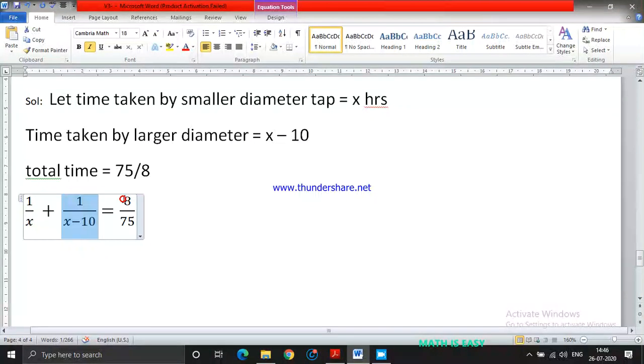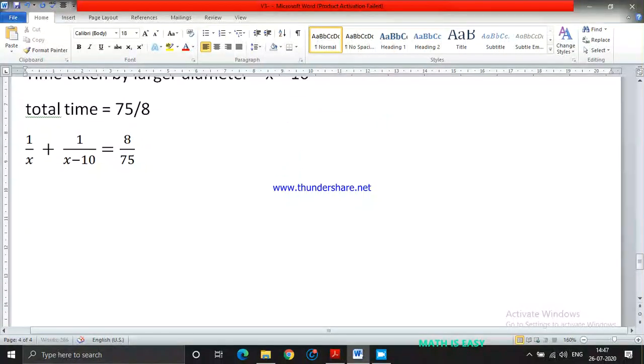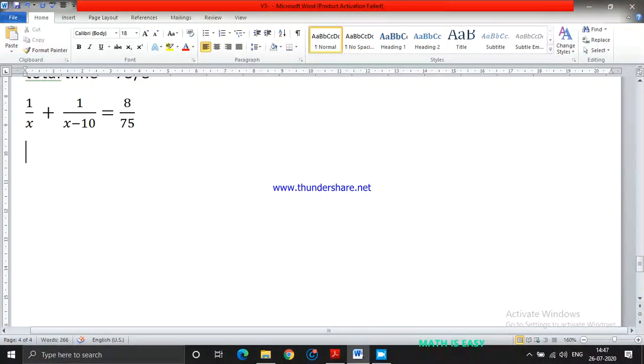When I convert into per hour, 1 by x will represent the amount of water, because 1 is the total tank and x is the hour. So 1 by x gives me the amount of water filled by smaller diameter in 1 hour, plus amount of water filled by larger diameter in 1 hour is equals to reciprocal, 8 upon 75. So as usual, here you take the LCM.